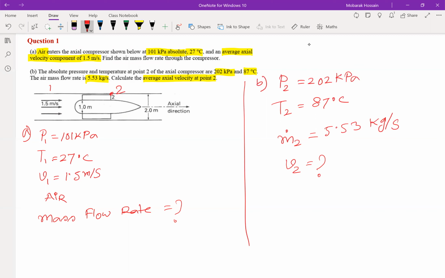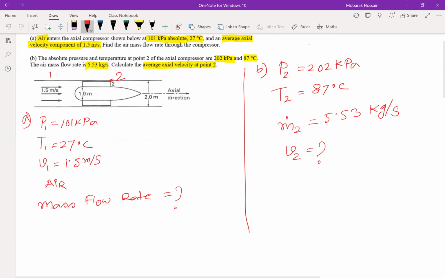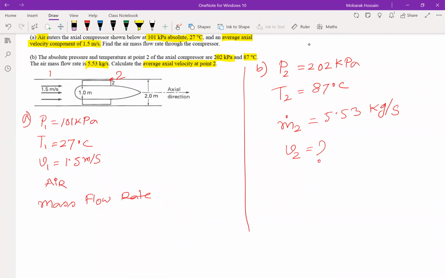So two cases. For the first case, the mass flow rate at point 1 is equal to the density of air at location 1 times the volume flow rate at location 1.